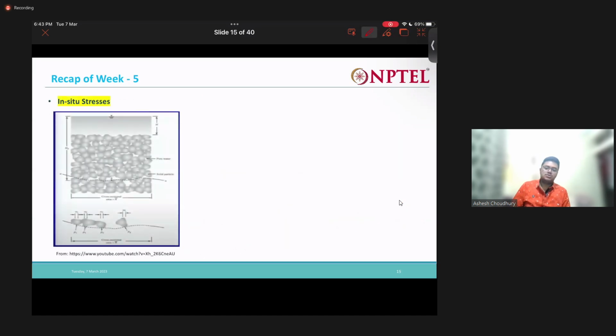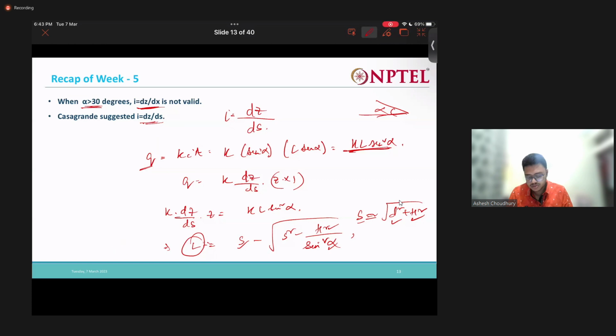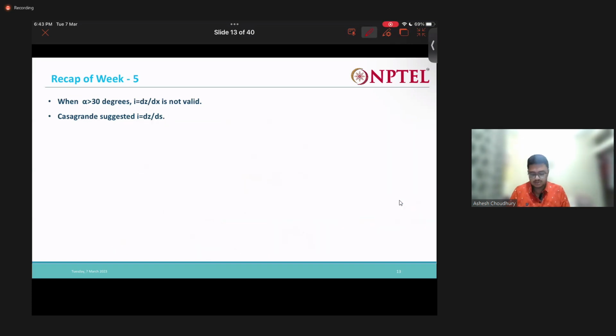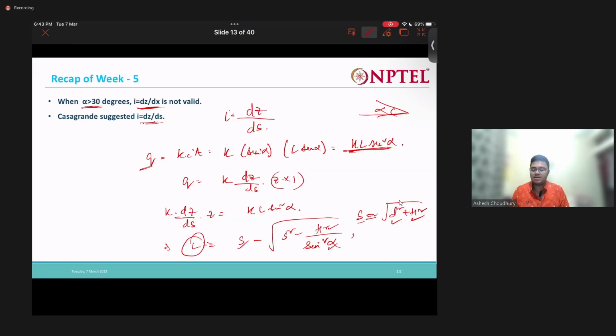One more thing I will suggest is that please go through how to draw the flow net in case of these earthen dams, how to actually construct the flow net. You can get it in any standard textbook like Gopal Ranjan, or you can get it in Aurora's book also. It might be there in Aurora or any other book.